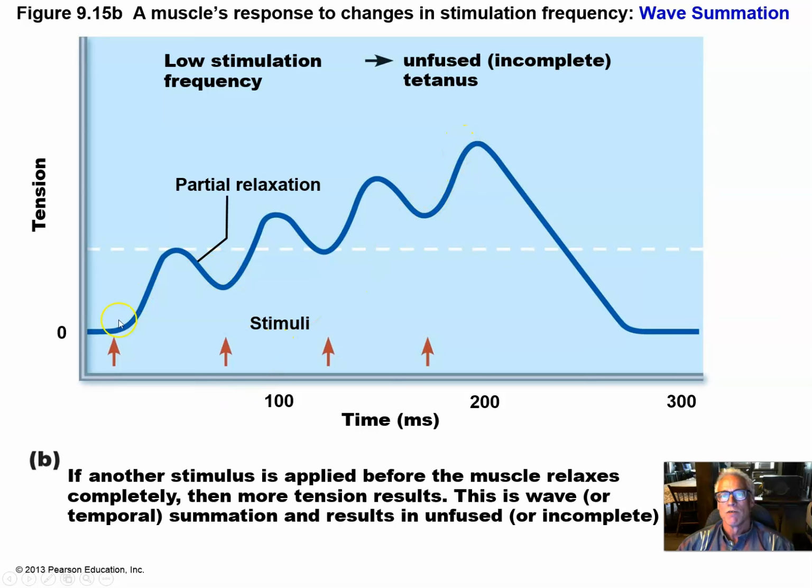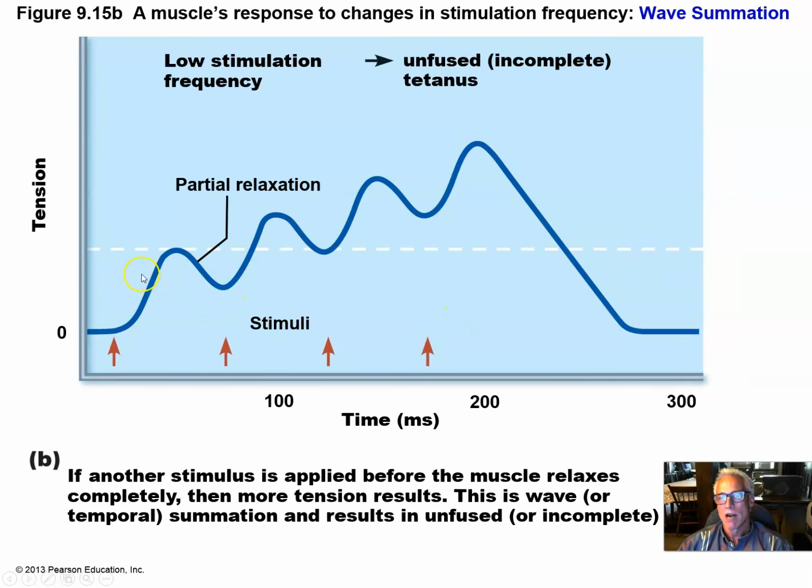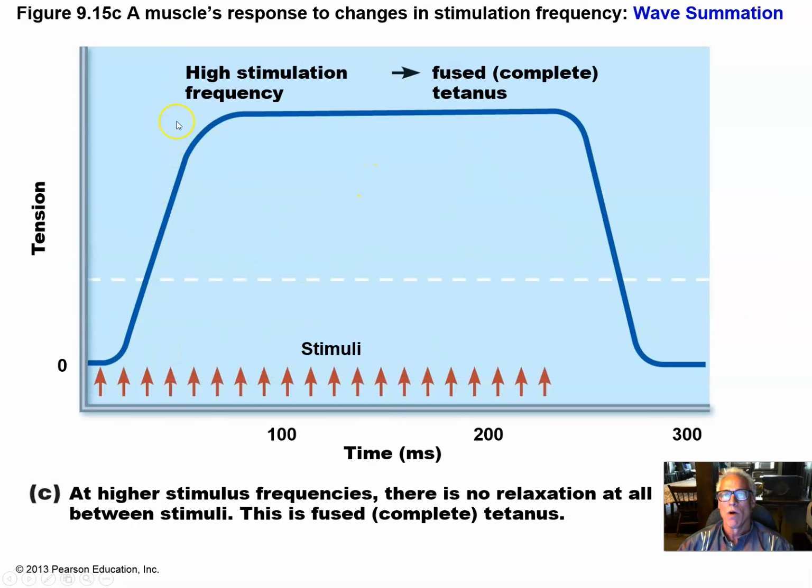That process of increasing muscle tension with increasing frequency, number of times per second or per minute that we stimulate, is called wave summation. Low frequency stimulation doesn't produce that effect, but higher frequency stimulation produces wave summation. And in fact, at some point, we reach the maximum tension that a particular muscle or muscle cell can produce.